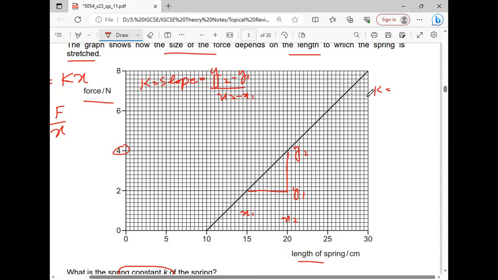Y2 4 minus y1 2 over x2 20 minus x1 15. So K is equals to 2 over 5, and it will be most probably 0.10.